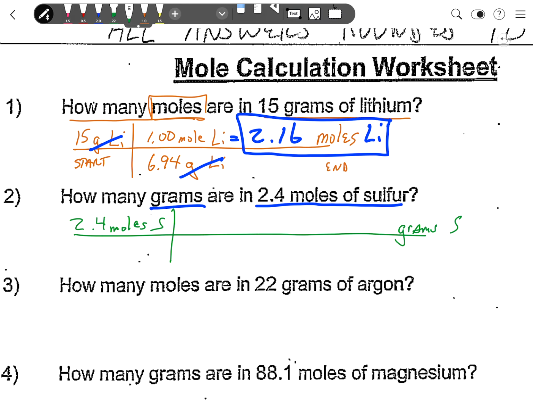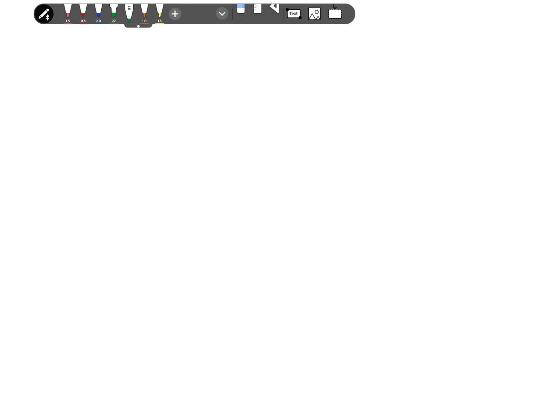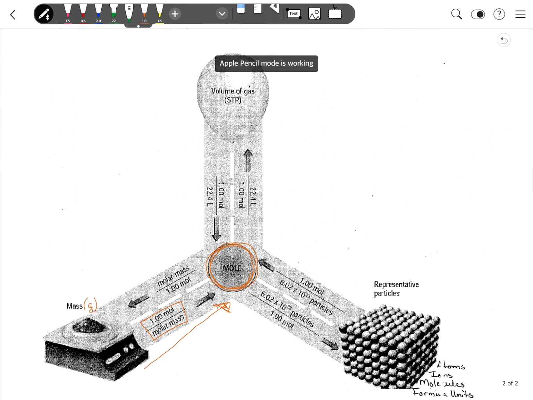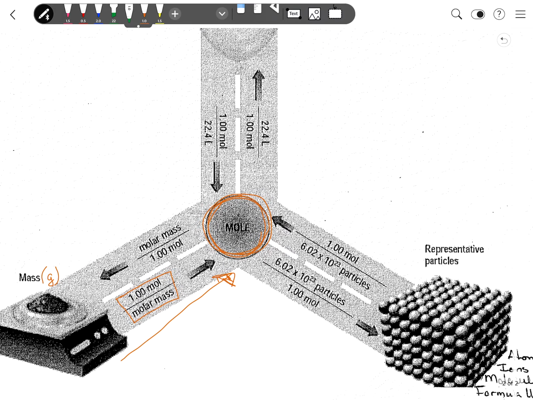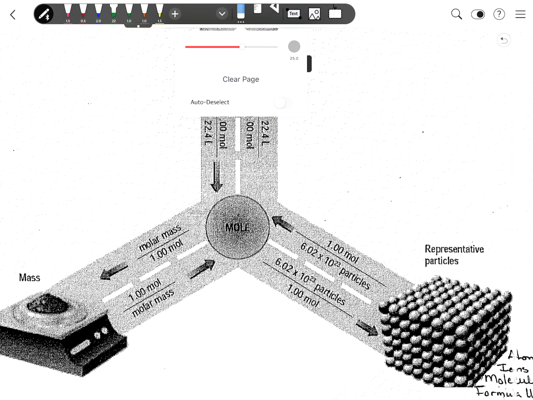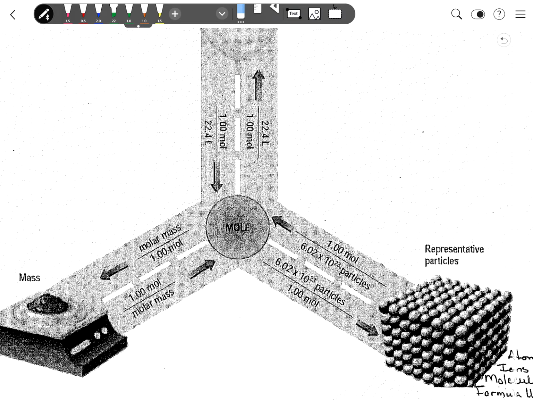Going back to our flow chart, we're starting with moles, here in the middle, and ending with grams, which is mass. Following that arrow tells you to put the molar mass of sulfur over 1 mole of sulfur.